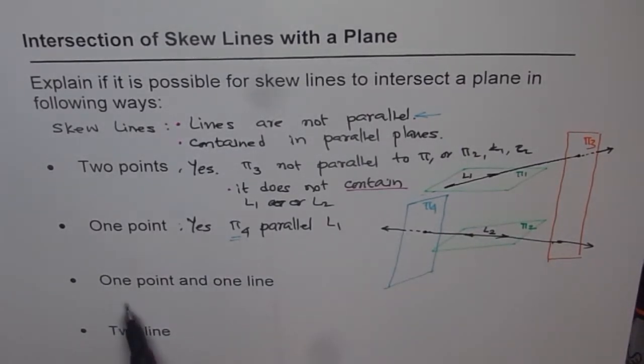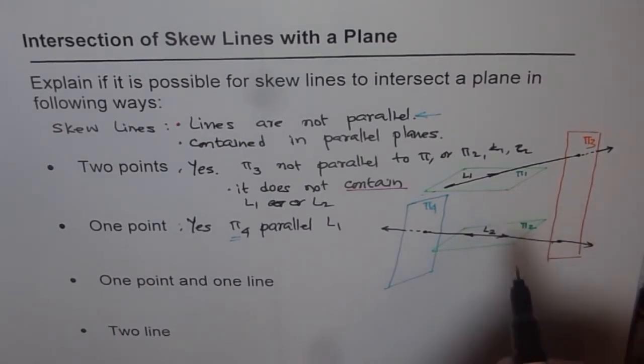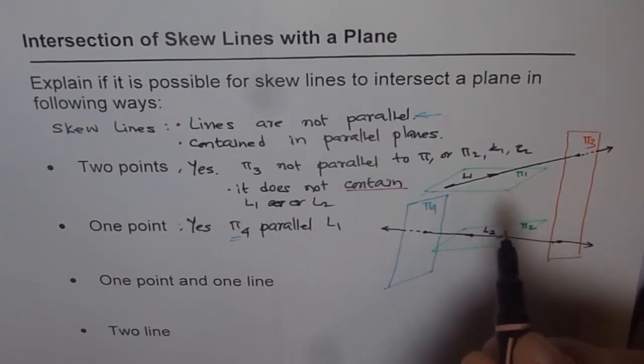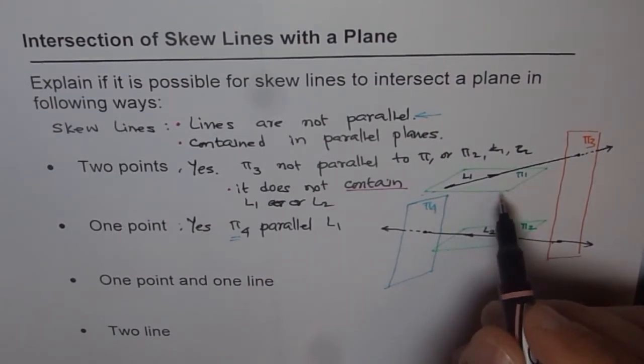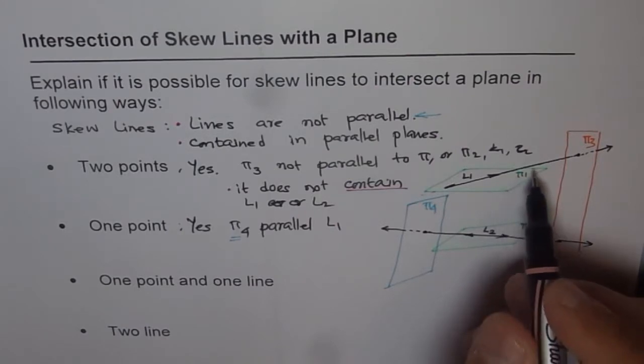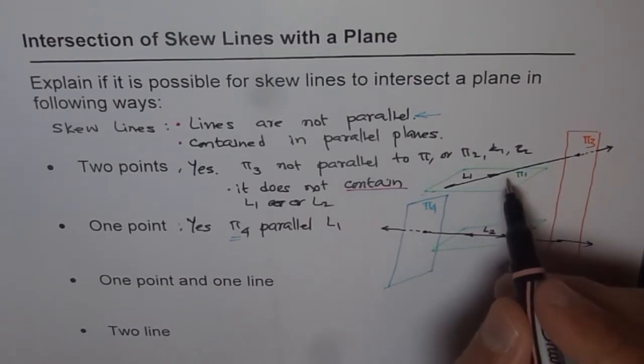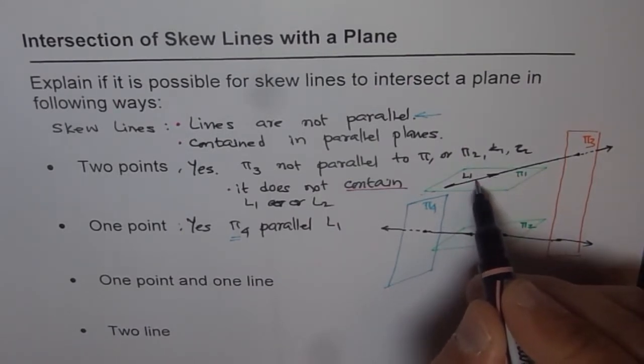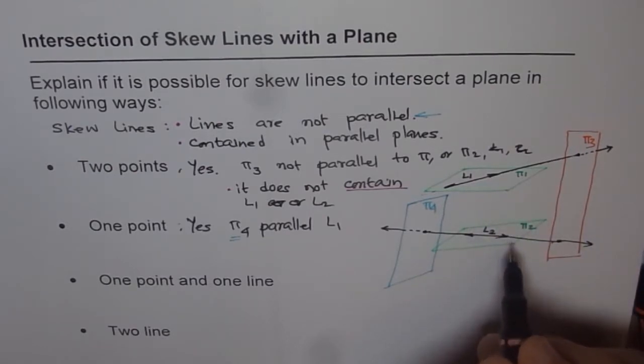Now the third condition is 1 point and 1 line. How is it possible for a plane to intersect at 1 point and 1 line? For that, think like this. If I take a plane which is along the line, kind of a pencil plane, do you understand pencils? It has this line as common. For now, I'll take this line as common.